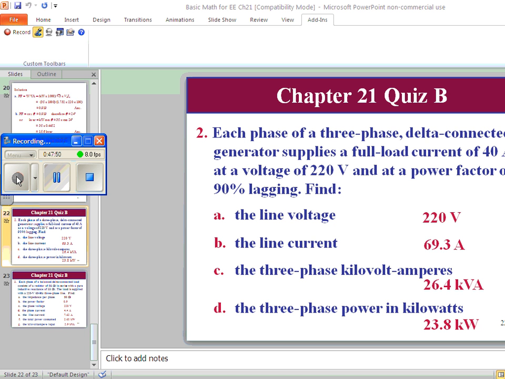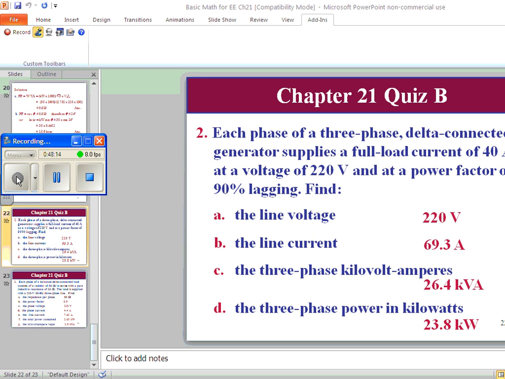All right, so we have one final problem. In each phase of a three-phase delta-connected generator, it supplies a full load current of 40 amps at a voltage of 220 volts and a power factor of 90% lagging. All right. Well, let's start writing on this slide again, because we have a phase angle problem, right?